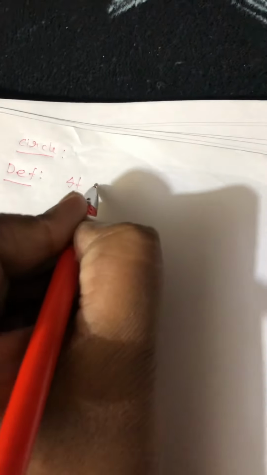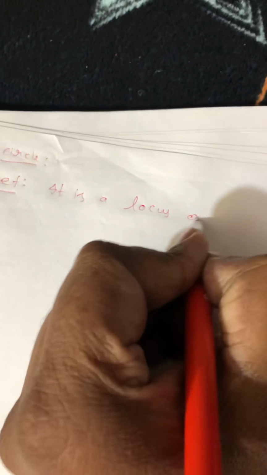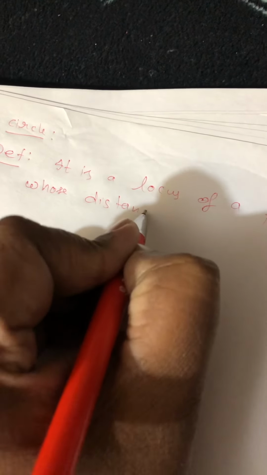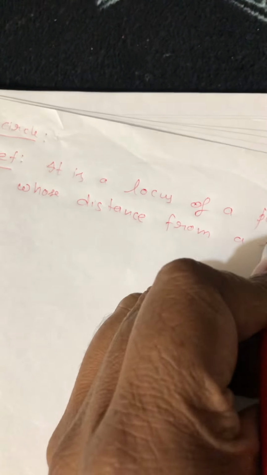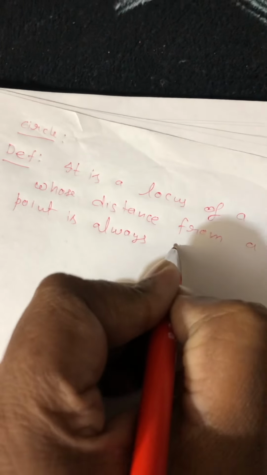So, I will start with the definition. It is a locus of a point whose distance from a fixed point is always constant.